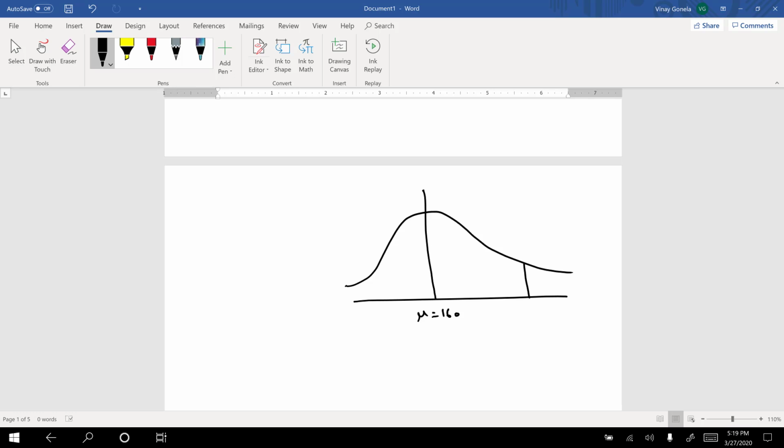At most means the right side of the curve. This is the significance level 0.05, this is our alpha.